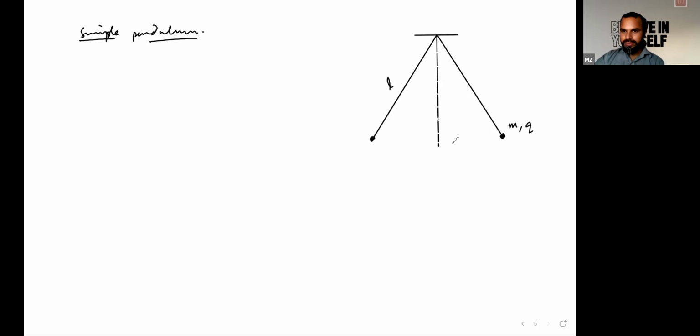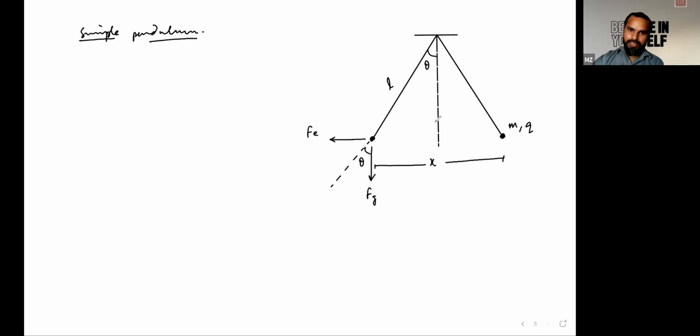Due to these equal charges, there would be a repulsive electric force along this direction, and due to mass, gravity would be acting along the vertically downward direction. If they are inclined at some angle theta with respect to vertical, and I extend this particular line this way, this would also become theta. Now take the separation between the two bobs to be x.